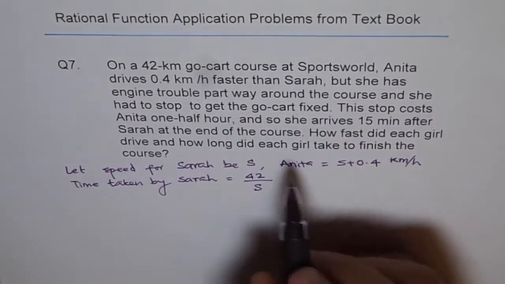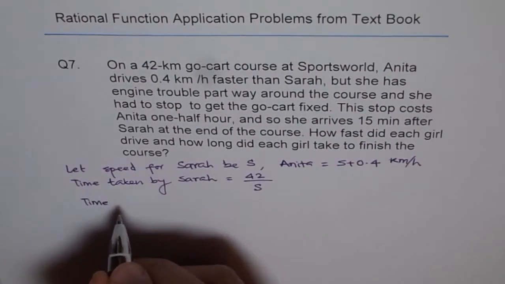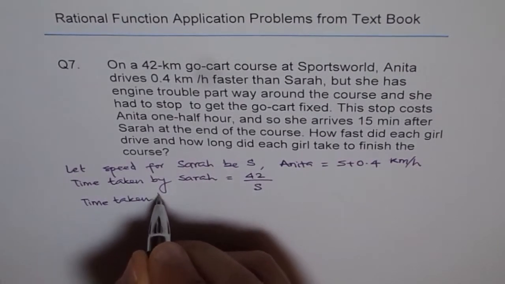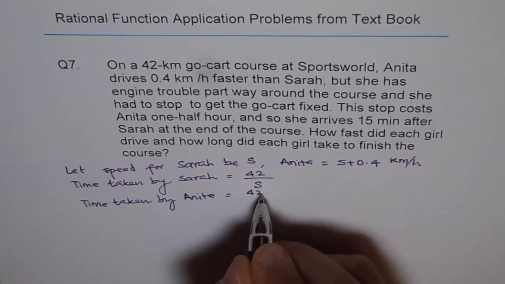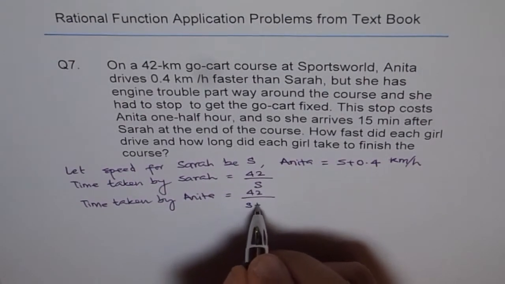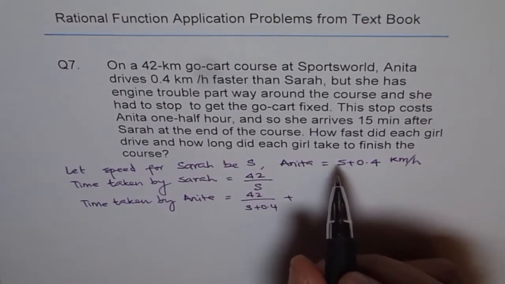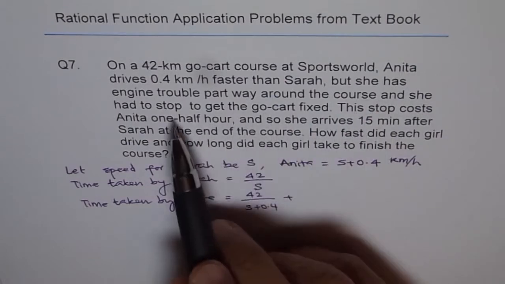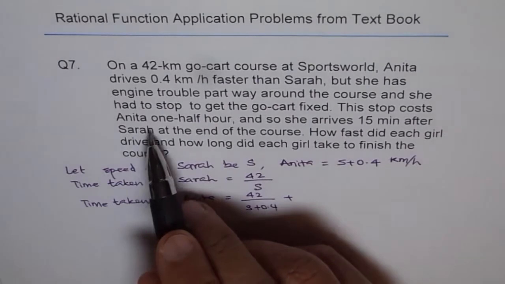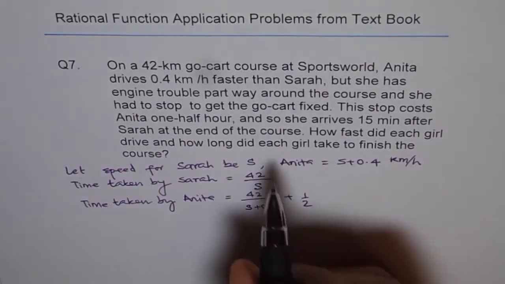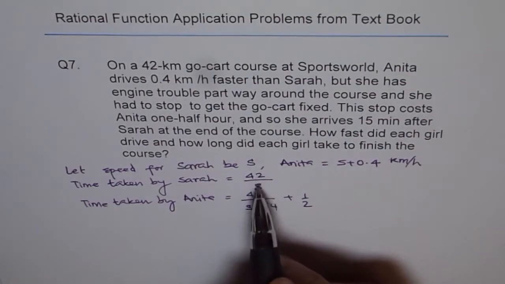So she goes at this speed, therefore the time taken by Anita will be 42 divided by s plus 0.4 plus the stoppage time, and the stoppage time is half an hour, right? This stop costs Anita half an hour, so plus half an hour.